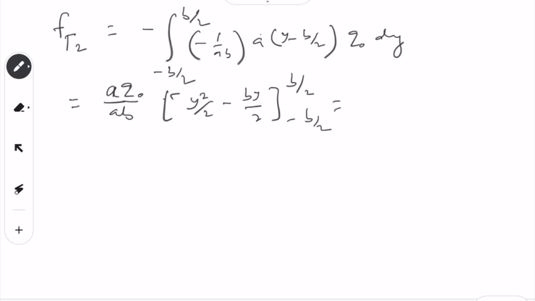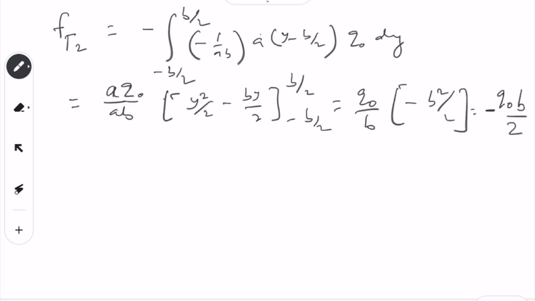Okay, we get q naught, or simply we write q naught over b, and then this cancels out, so we have minus b square over 2, or simply we get minus q naught b over 2.